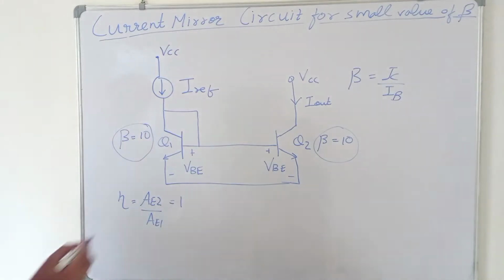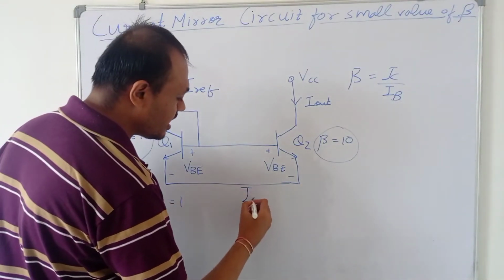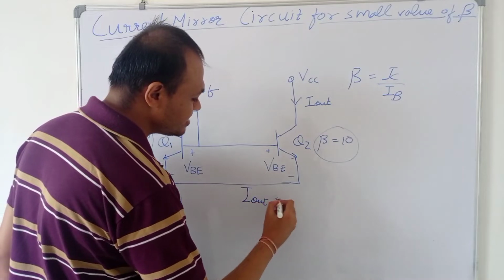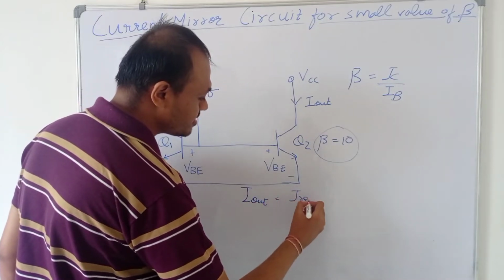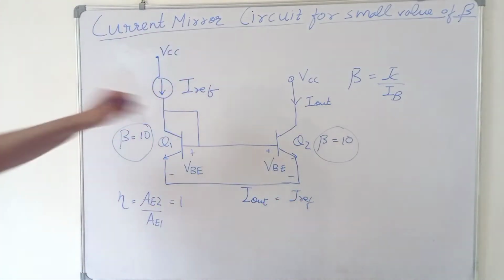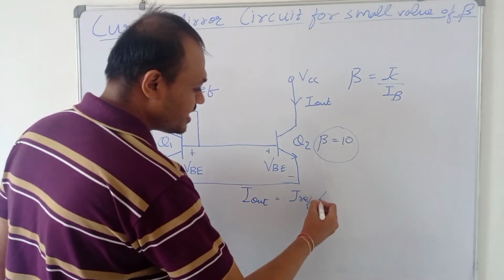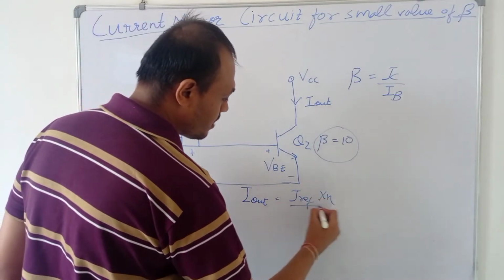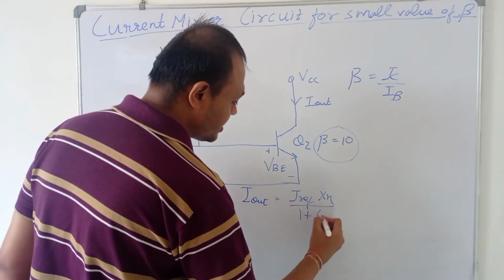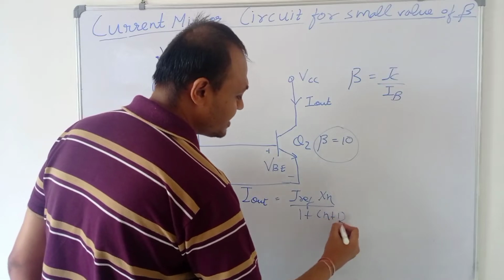Now I out is given as IREF, where IREF is the reference current and I out is the output current. I out is given as IREF into eta upon 1 plus eta plus 1 upon beta.